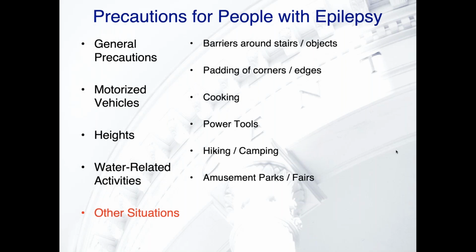So if someone has generally well-controlled epilepsy, I think it's safe to do amusement park rides and safe to do fair rides. You just have to exercise your discretion and think about the individual ride and how safe it would be for the person with epilepsy or the people around them if they were to have a seizure. So it really depends upon the exact circumstance and how well controlled the seizures are.